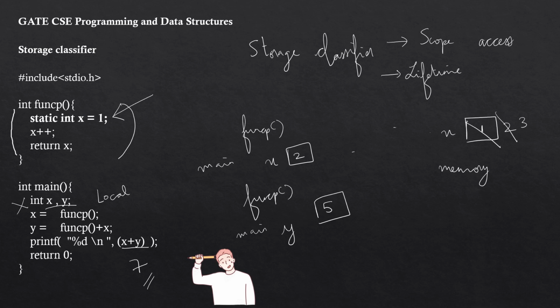So note here that in main we have one local variable x, and in the function p we have one static variable x. So this local variable x has a different copy and the static variable x has a different copy. Now when we said the scope is local, it's only accessible here.